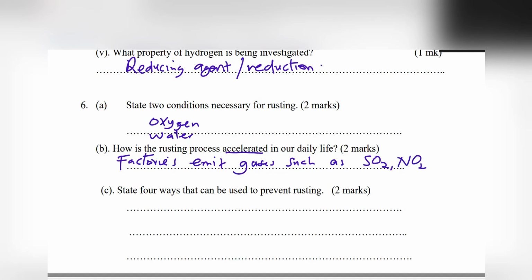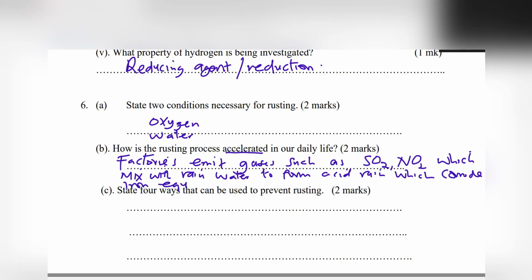Let me use the symbols because of the space, which mix with rainwater to form acid rain, which corrodes iron equipments.